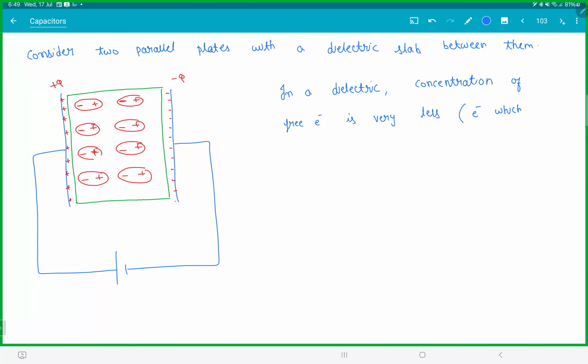What are free electrons? Electrons which can freely move across the nucleus. That we wrote before, but let's write it again. Electrons which can freely move in the lattice are called free electrons.